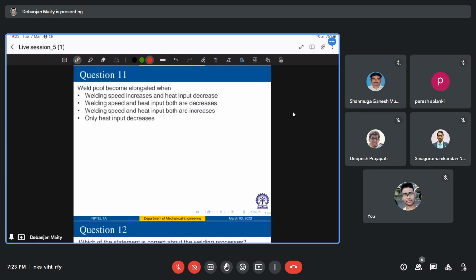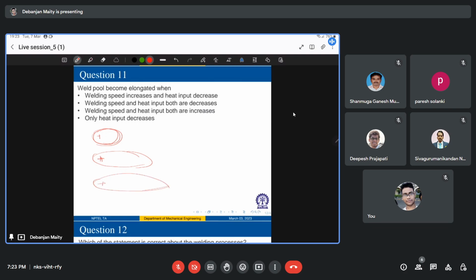Should I draw it again? You tell me, should I draw it again? It will not take much time anyhow. So if this is your first weld pool, it will elongate like this.